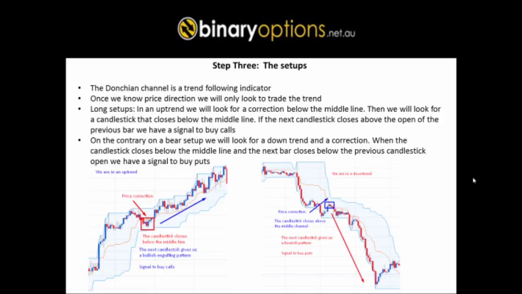And well, why don't we go to the chart so we can better see what we're talking about? Okay, we're back, and this is the US dollar Japanese yen 1 hour chart.